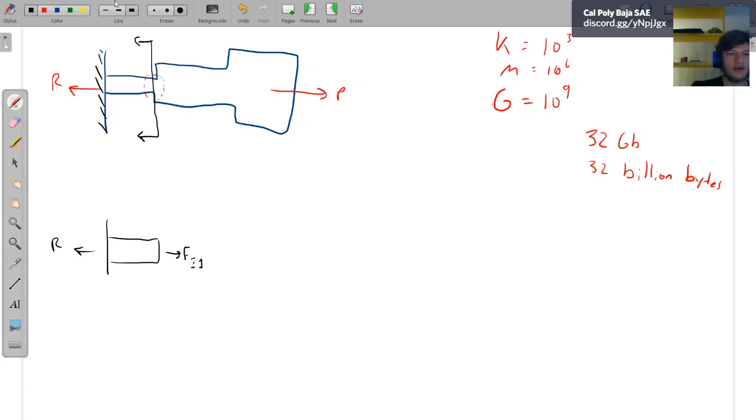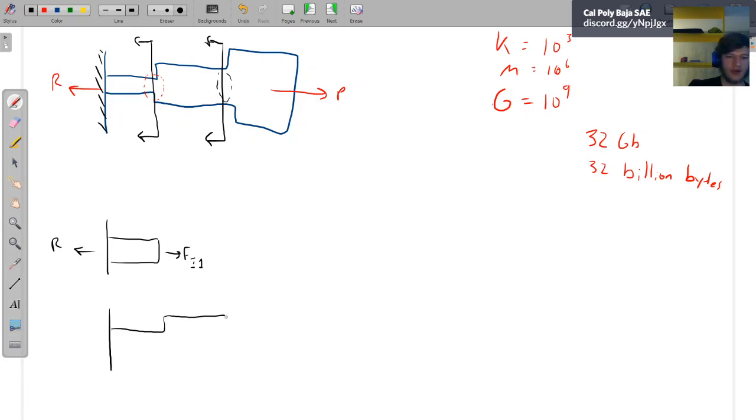We can do exactly the same thing and just make another cut here. We know that this cut, because it's applied over an area, we have to have some stresses here. The body has to be reacting because we are inside of the body. So we only see stresses on the inside of the body, no forces, just stresses.